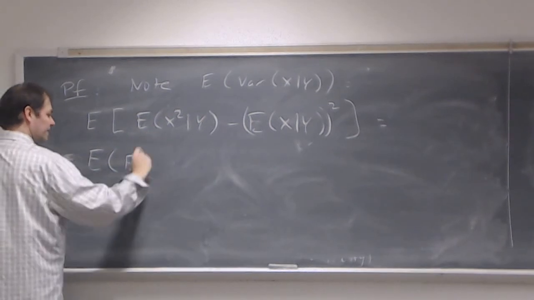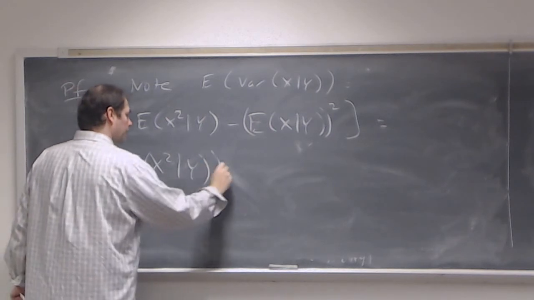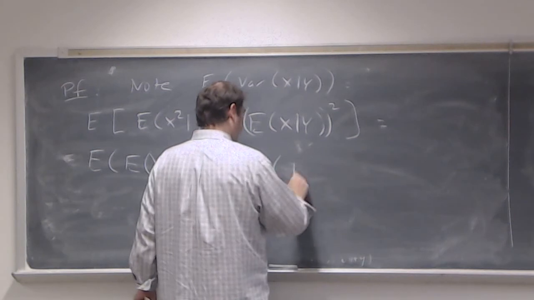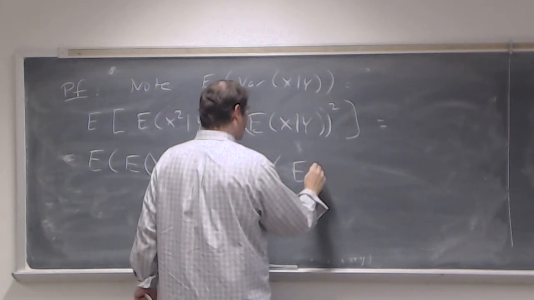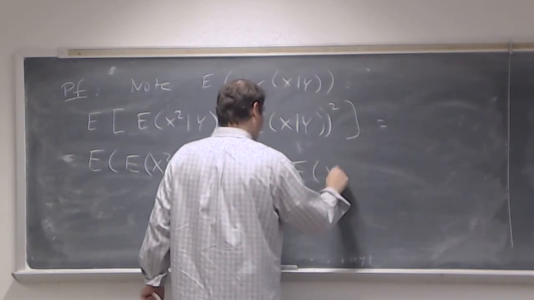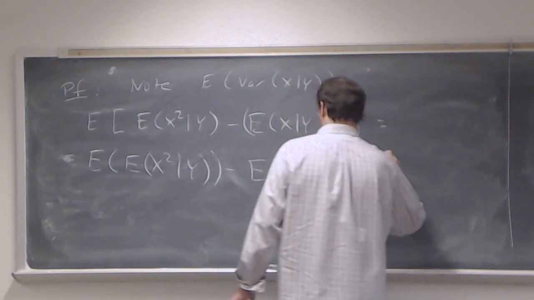The expected value of the conditional expectation of x squared given y, minus the expected value of the conditional expectation of x given y, squared.